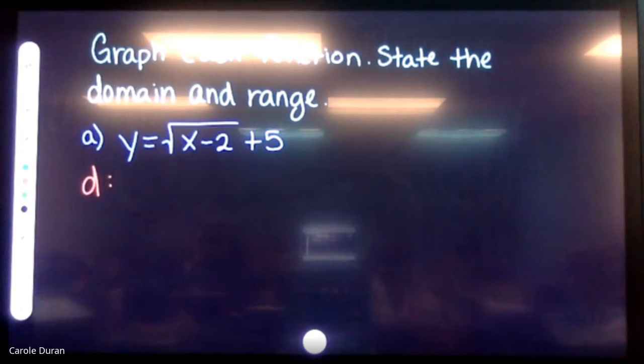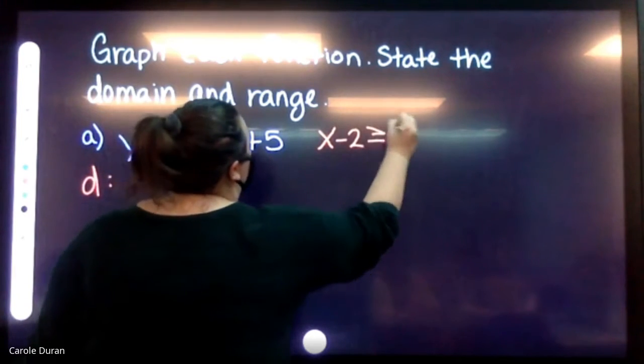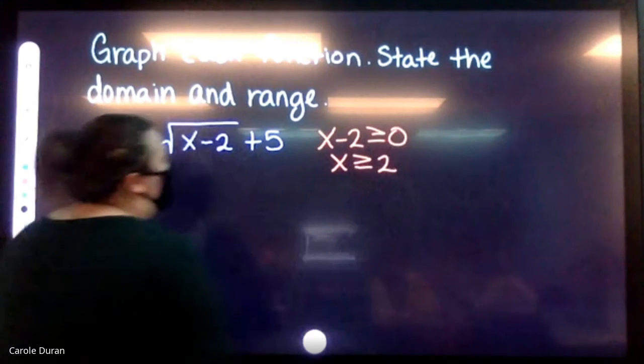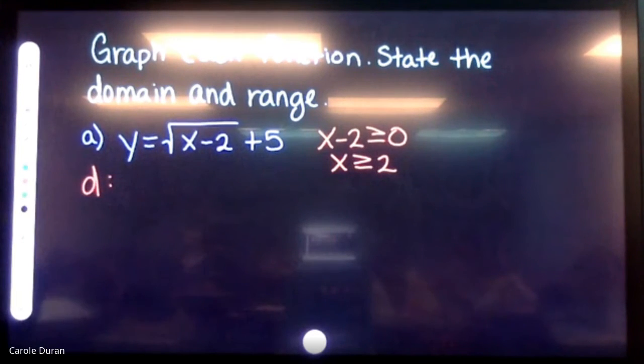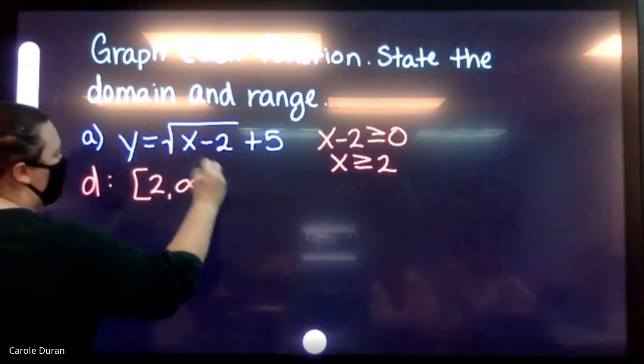Because whatever number I get there can never be negative. So what do I have to set that equal or greater than? To 0, yeah. So I'm going to take that x minus 2 and set it greater than or equal to 0, and solve for x. And when I do, I get x is greater than or equal to 2, which means my domain goes from 2 to infinity.